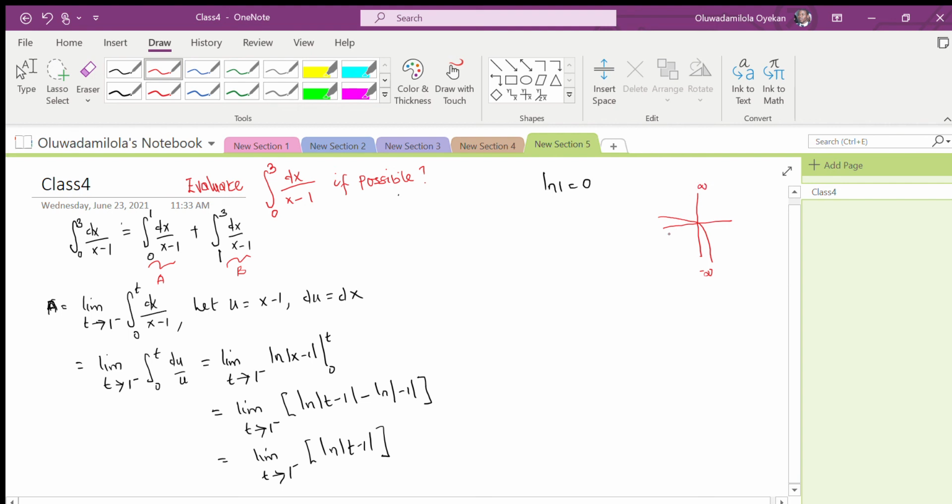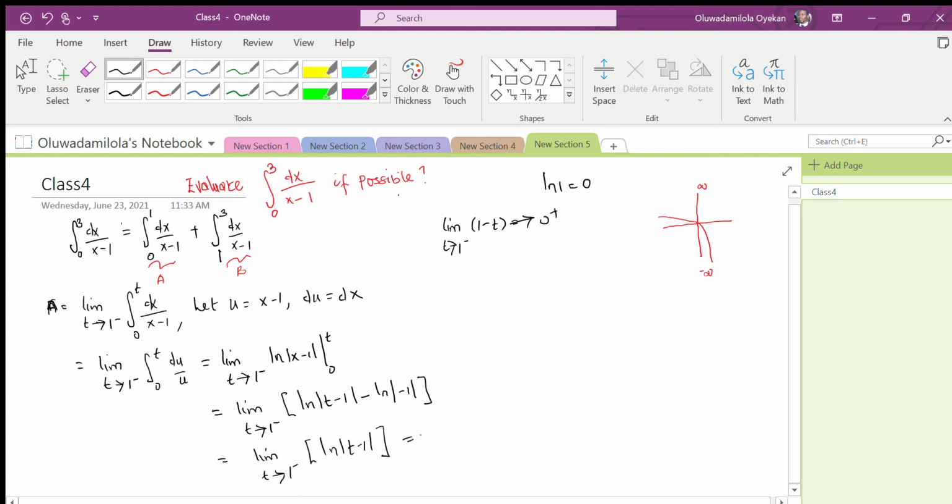So what that tells us is that as t goes to 1 minus, the quantity 1 minus t goes to 0 plus, and the limit of the log of that is negative infinity. That tells us our integral goes to negative infinity.